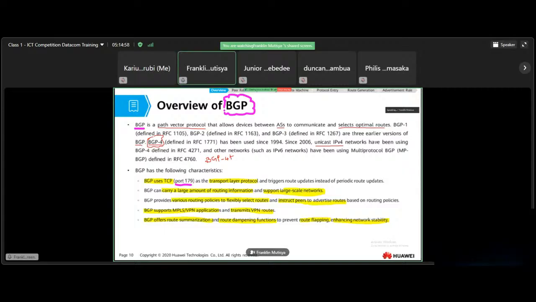So BGP4 plus is for IPv6, BGP4 is for IPv4.